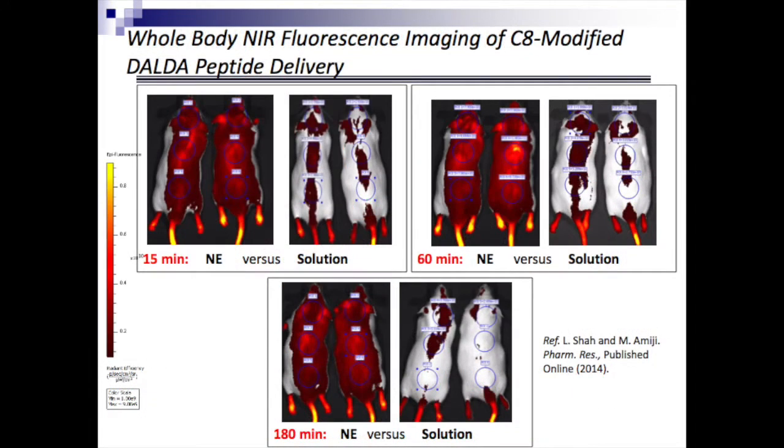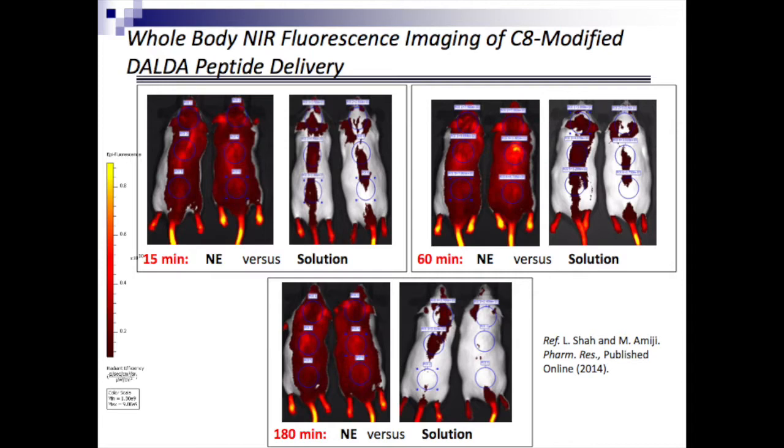We gave these peptides modified with NIR dye, once they're put into the nanoemulsion, to our mice. These are CD1 mice. We inject the formulation by tail vein, and then we look for whole body NIR imaging using the IVIS system. We can see that 15 minutes after tail vein injection, the emulsion form is present entirely in the systemic circulation.